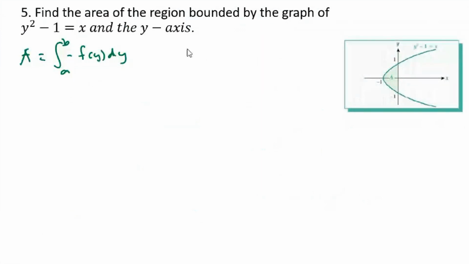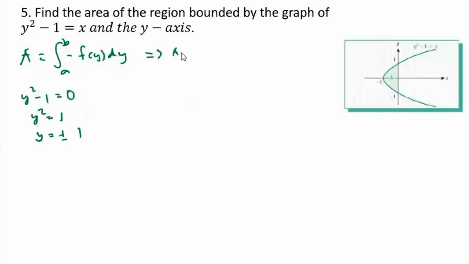Since the limit is not given, we are going to solve for y. So we have y squared minus 1 is equal to 0. Solving for y, y squared is equal to 1. Therefore, y is equal to plus and minus 1. So we can now go back in here.